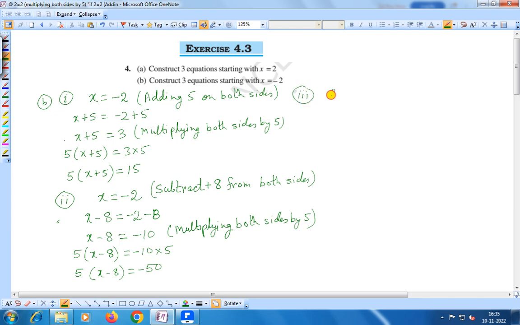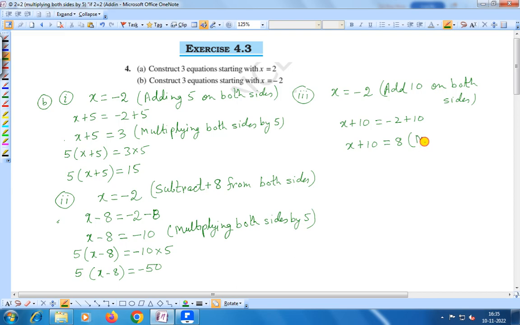Now we will construct another equation, that is 3. Here we find x is equal to minus 2. First add 10 on both sides, and we are getting x plus 10 is equal to minus 2 plus 10, or x plus 10 is equal to 8.